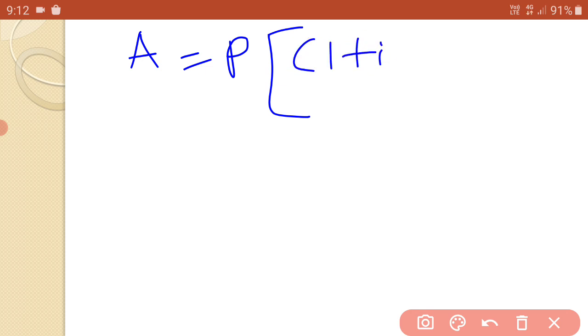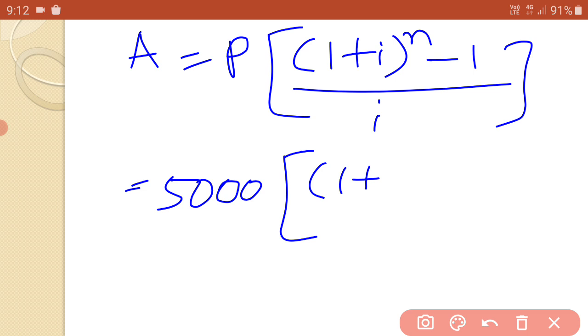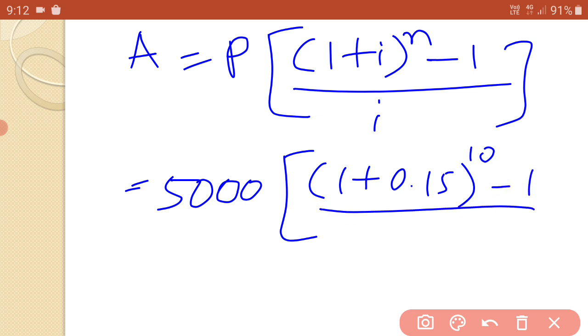Next, we calculate this formula. A is equal to P into bracket (1 plus i) raised to n minus 1 upon i, putting the value: 5000 into bracket (1 plus 0.15) raised to 10 minus 1 upon 0.15.